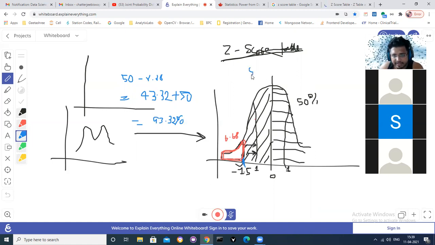We call it SND. Since SND has these properties of the Z-score table, we can refer to that table and deduce how much percentage of data is on the left side of it. Then we can subtract it from the remaining data, add them, and get the data.